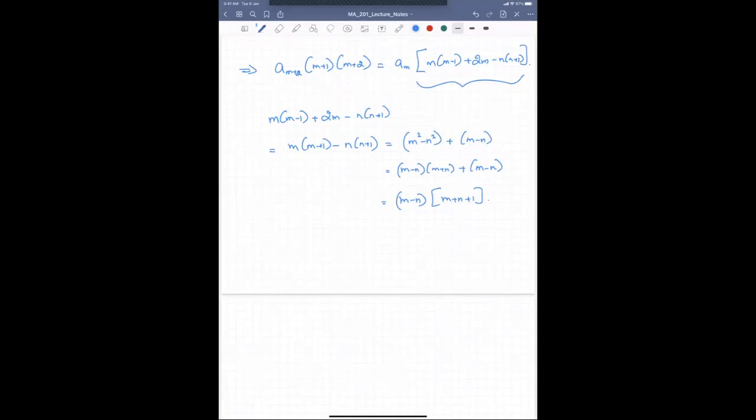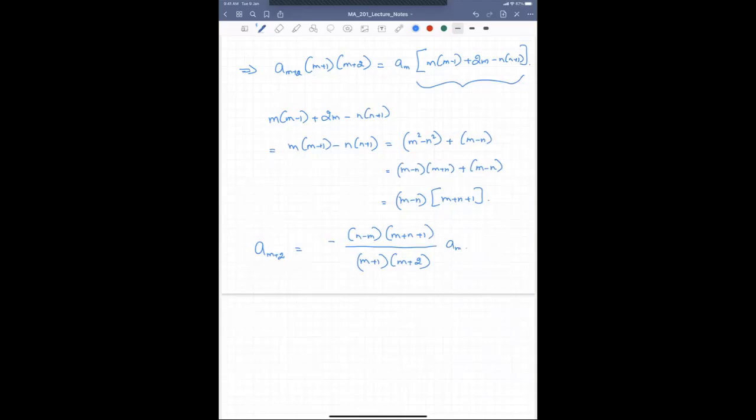Okay. So my recursion relation between the coefficients can be written as a_{m+2} equals minus (n minus m), I'm writing m minus n as minus of n minus m, times (m plus n plus 1), divided by (m plus 1)(m plus 2), times a_m.